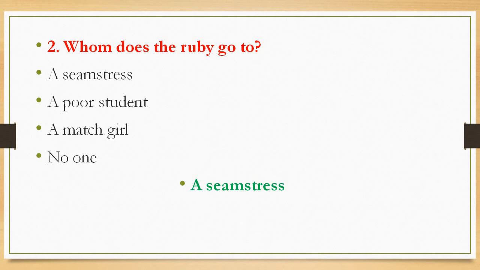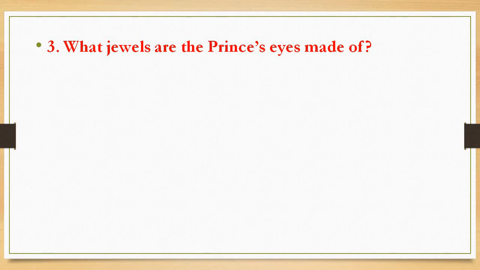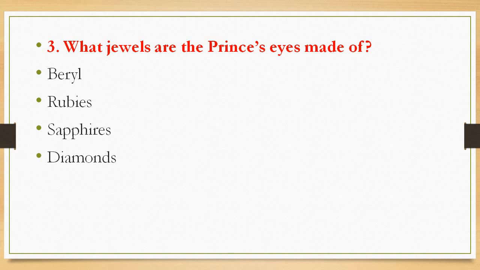Let us switch over to the third question here. The question is, what jewels are the prince's eyes made of? Option A, beryls. B, rubies. C, sapphires, and D, diamonds. Of course, this is a very simple question.